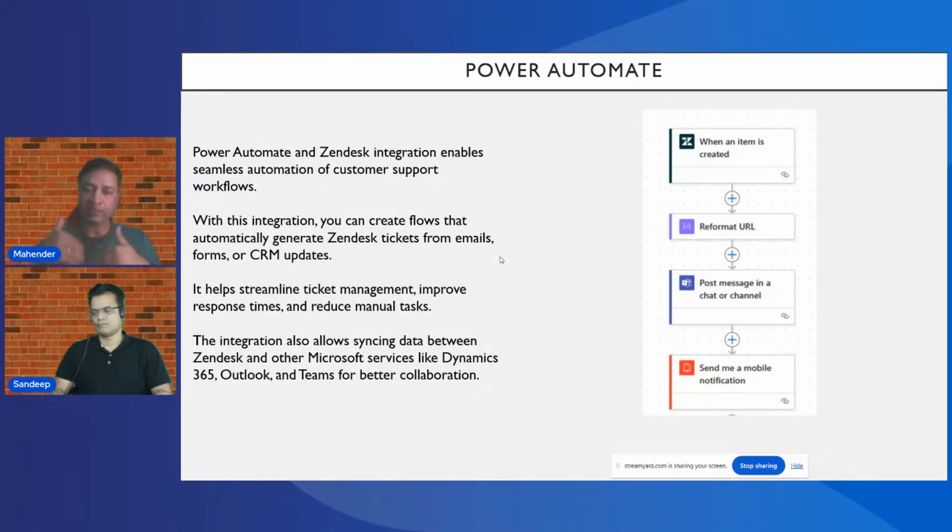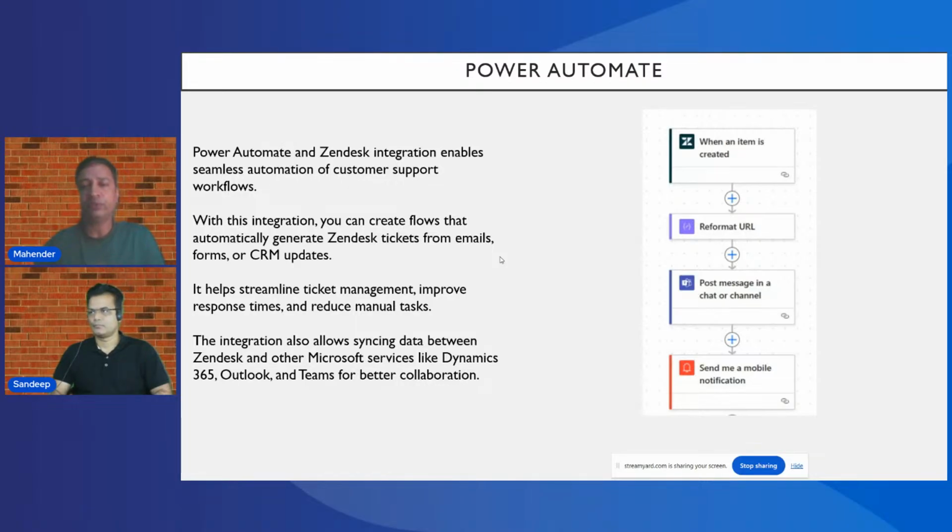Or any other system, like for example Teams or Outlook. Those types of information back and forth we can pass using these connectors that are part of Power Automate. Okay, so we are basically using those connectors to get the data from Zendesk, and then based on that we are performing different types of actions.